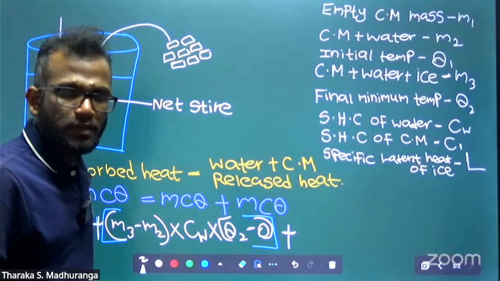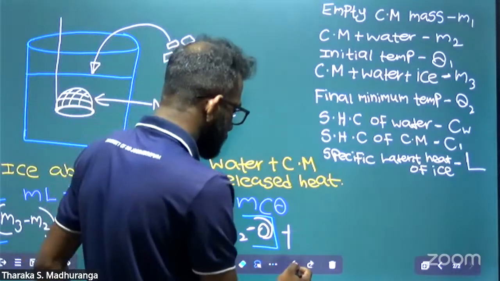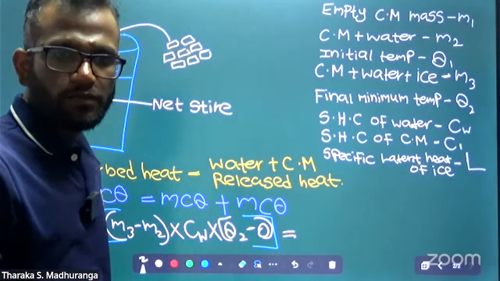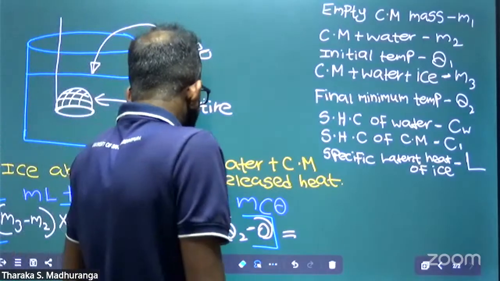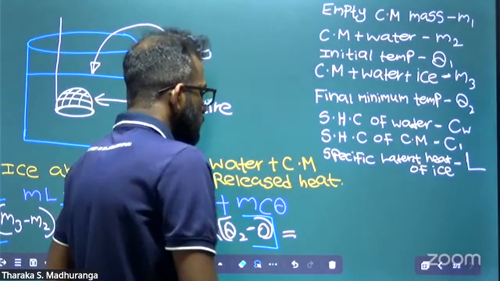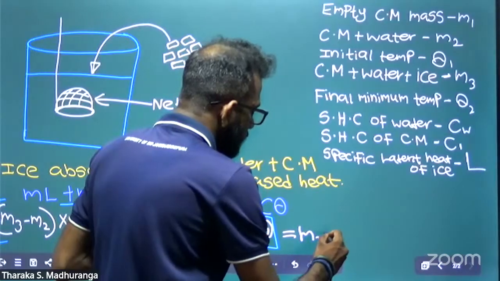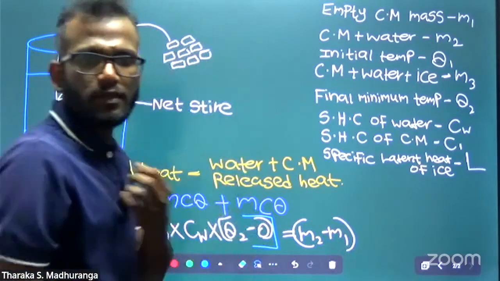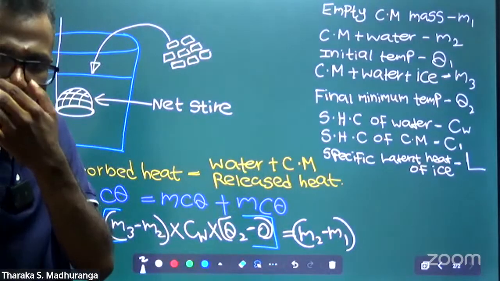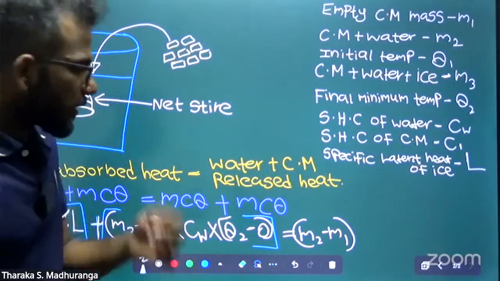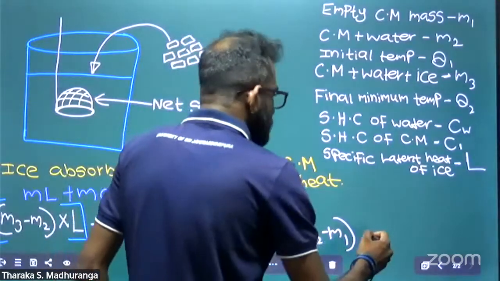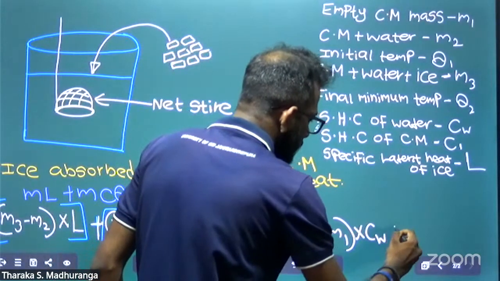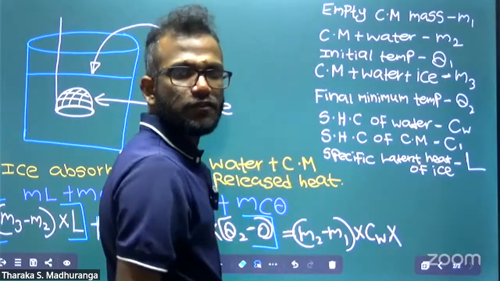Clear? Now it is equal to the mass of the water, m2 minus m1, same as previous, times the specific heat capacity of water, Cw, times the temperature difference of water.